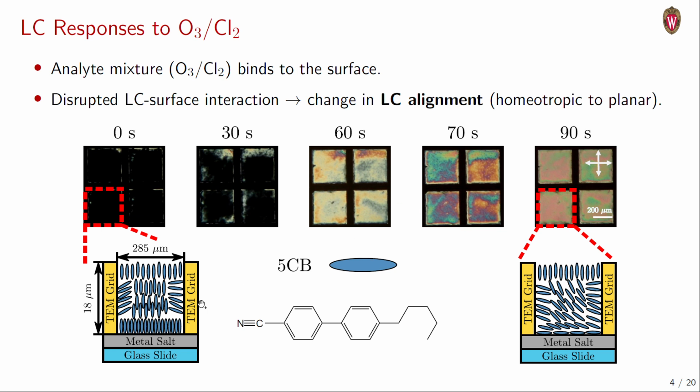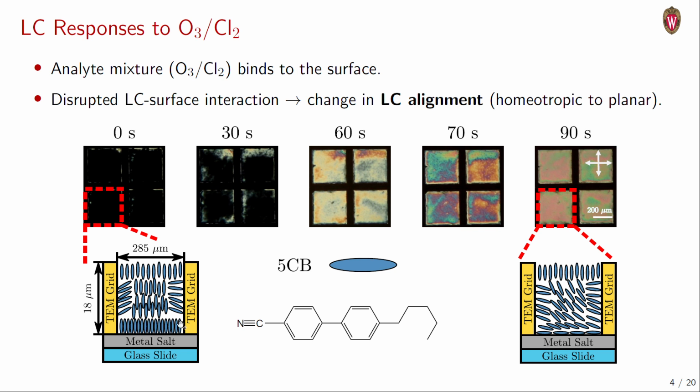These sensors comprise a micrometer thick LC film that is supported on a chemically functionalized solid surface. The chemically functionalized surface is designed to align LC homeotropically, that is, vertically, in an analyte-free environment.